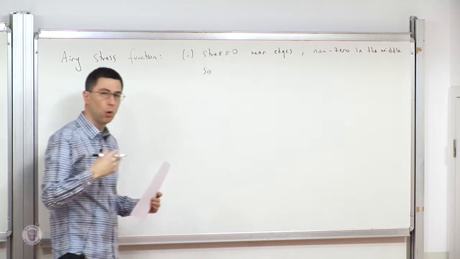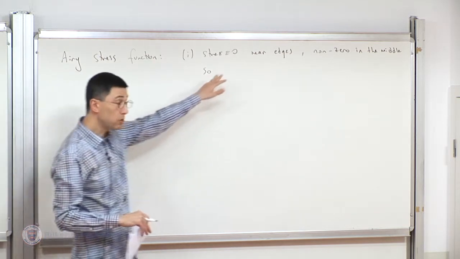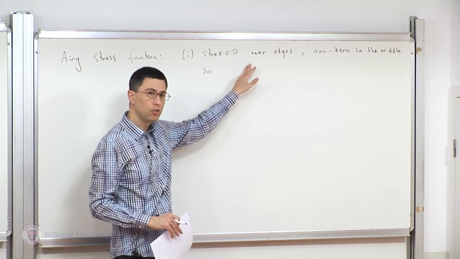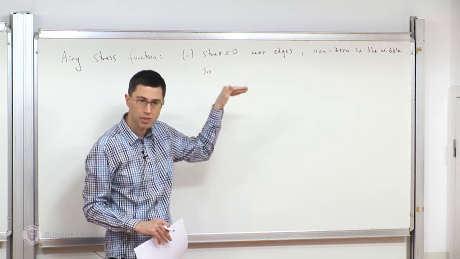Now, then we recall the very last exercise that we did. I remember that if I have quadratic terms in phi, the stress is associated with the second derivatives of phi, so the stress comes out to be a constant, as it is invoked by the area stress function. And I know it's not a constant. It must vary. So the area stress function must have terms that are higher than quadratic.